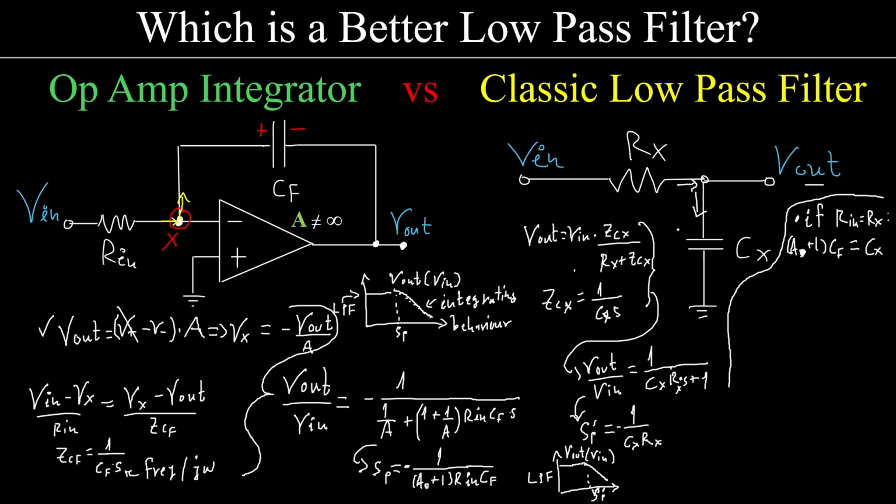For this circuit to filter similarly to these circuits, the capacitance here would have to be 1,000 times larger than this capacitance over here. So we see clearly that because of the gain, the capacitor here becomes this gain times stronger than in the case that this wouldn't have been here and we had a typical classic low-pass filter.